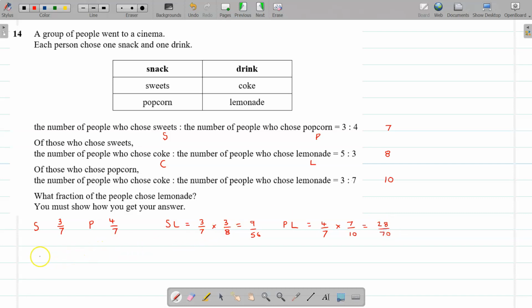So I want 9/56 plus 28/70, and the calculator will give that to you in simplest form as 157 over 280, and that's the answer.